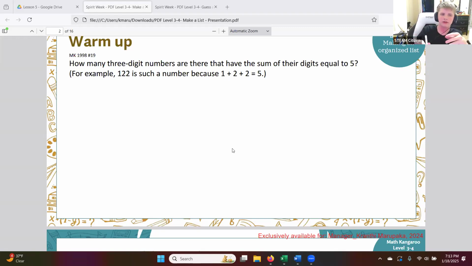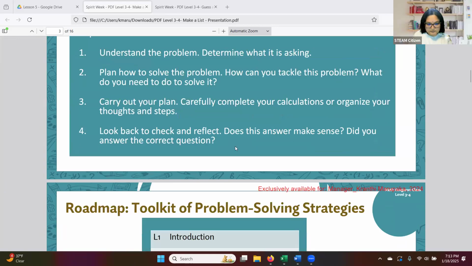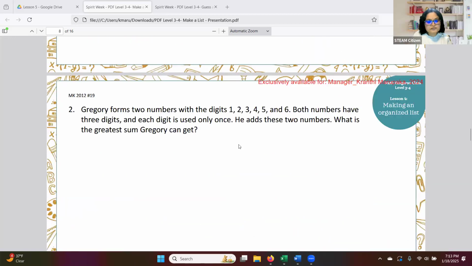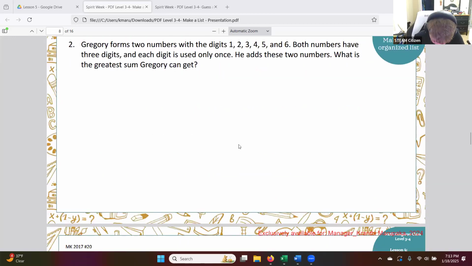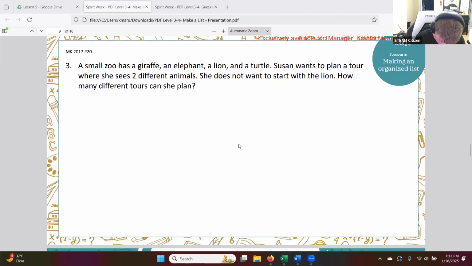If we go down to the other one, the keyword that you're looking for there is two different, right there, two different animals.